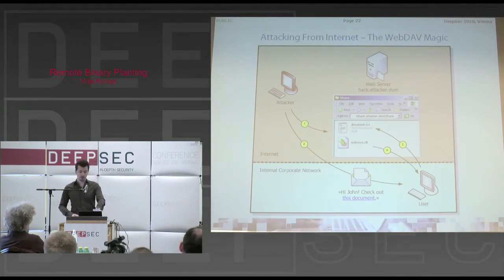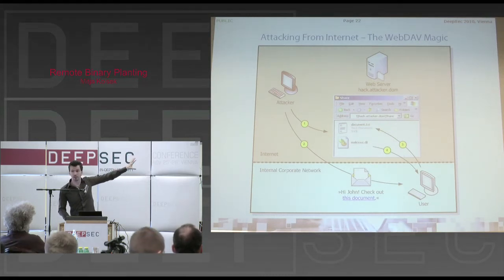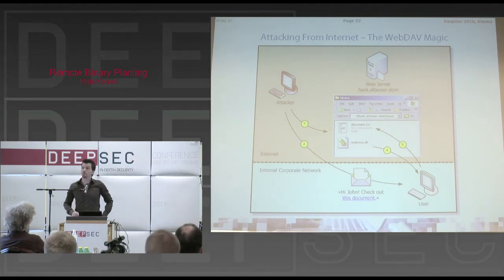Now, what we have on this picture is the same internal network at the lower side of the slide, and the internet on the upper side of the slide. So the attacker just sets up a web server, enables WebDAV, creates a share on the server, and then he has to get the user to access that share.